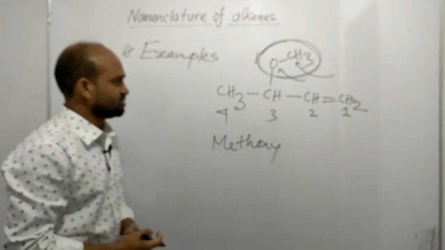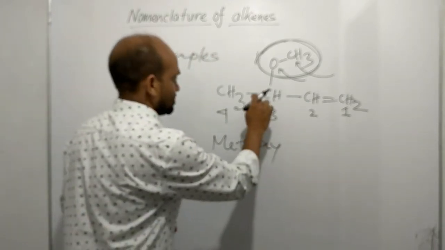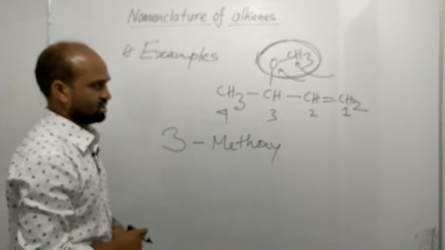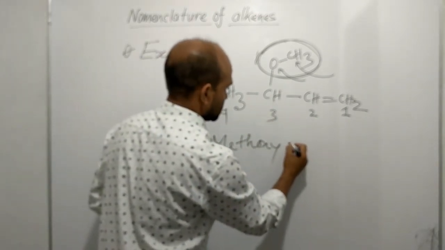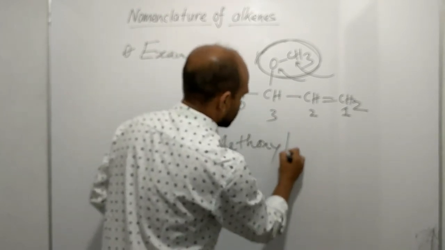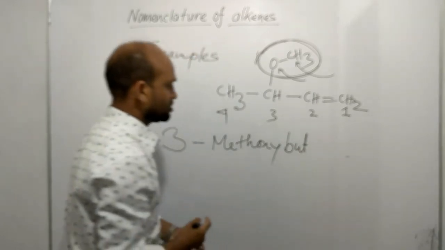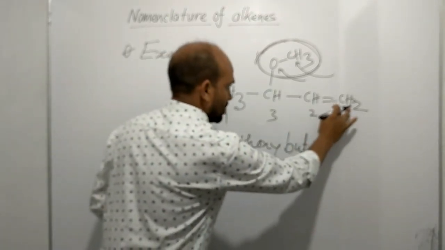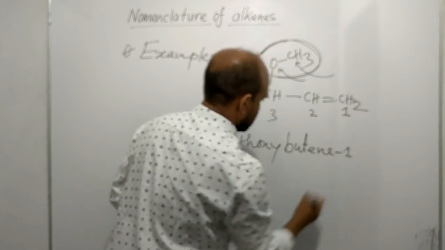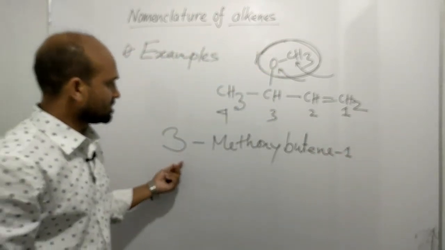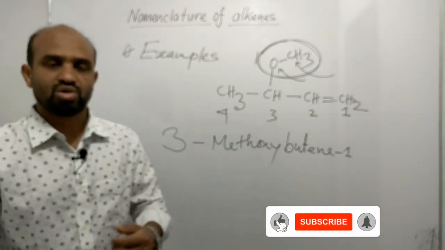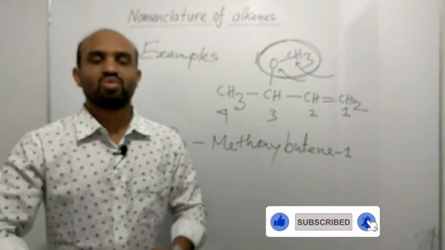This methoxy group is at carbon 3. So we can write here 3 methoxy. Now 4 carbon atoms, that is word root is here but. But with carbon 1 there is a double bond, so we can write butene 1, or we can write 3 methoxy but-1-ene, or we can write 3 methoxy 1 butene.